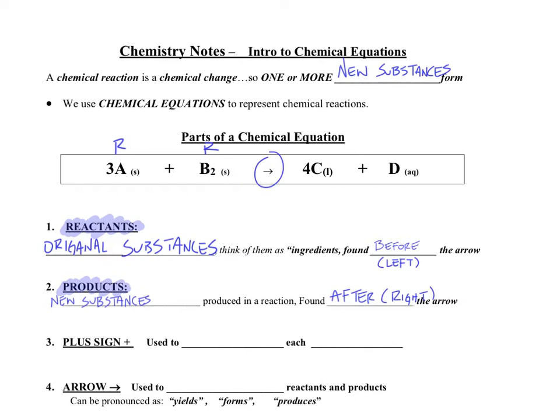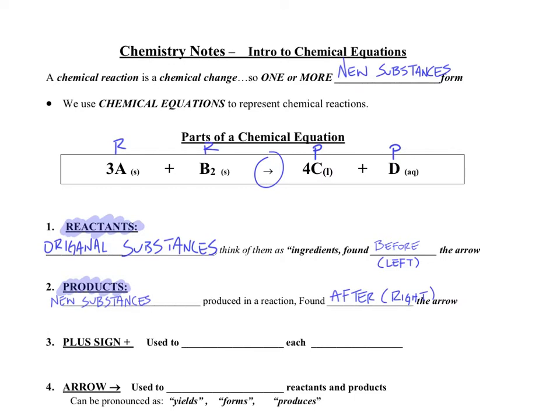Since A and B were reactants, C and D are products. So we've got reactants and products.